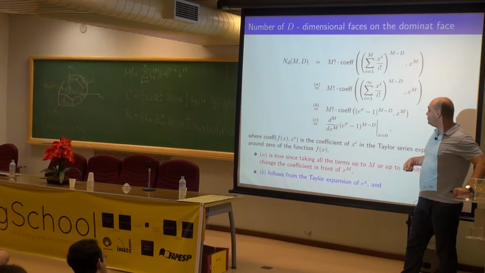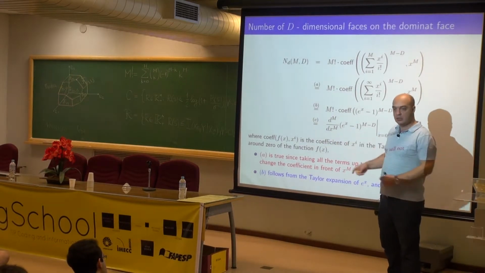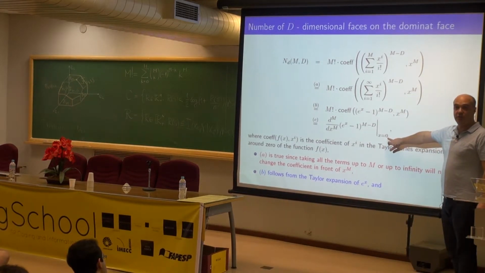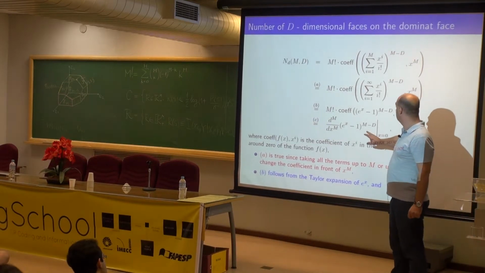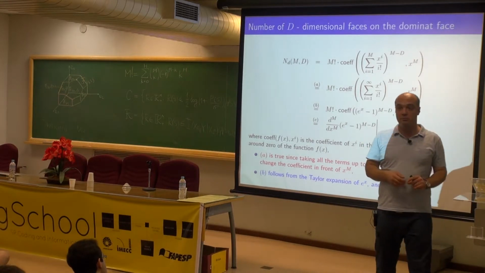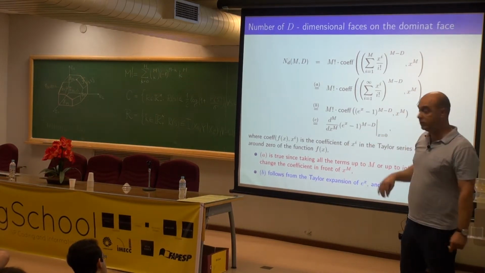And according to the Taylor formula, it is the nth derivative. So the nth derivative of this power m minus d, but evaluated at 0, because we need to get rid of the others. Yes. It's actually the Taylor series expansion at 0, of course.